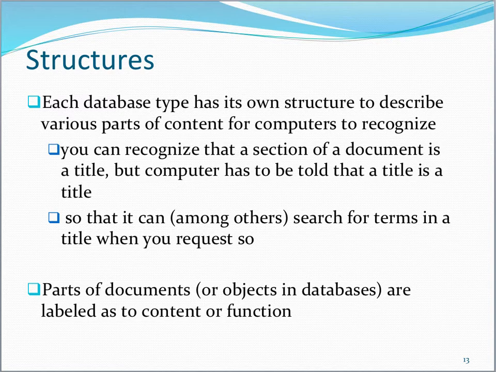This is the author, that goes to the author field. This is the text, this goes to the text field. These are the citations, they go to the citation index, and so on. Again, and this is very important, when we do a search, depending on the database, we can do a field search.